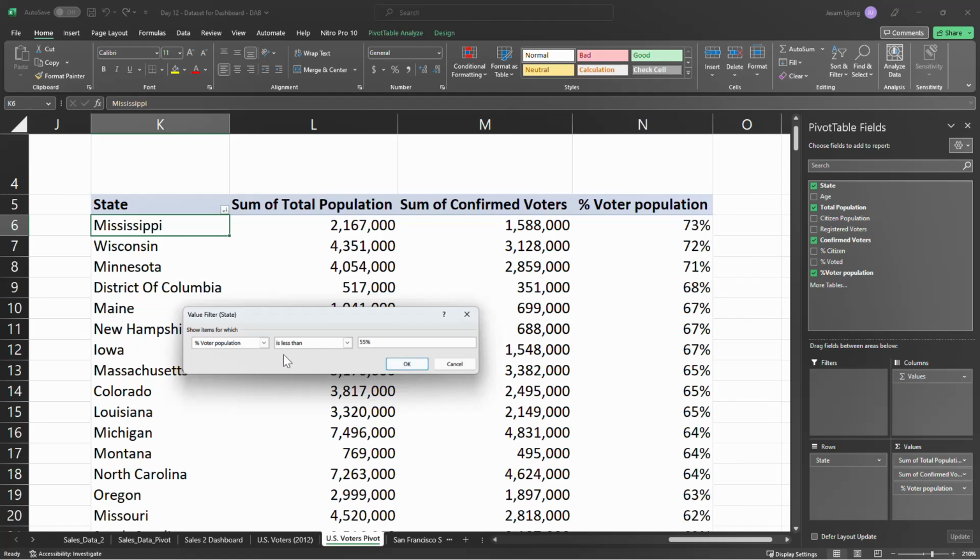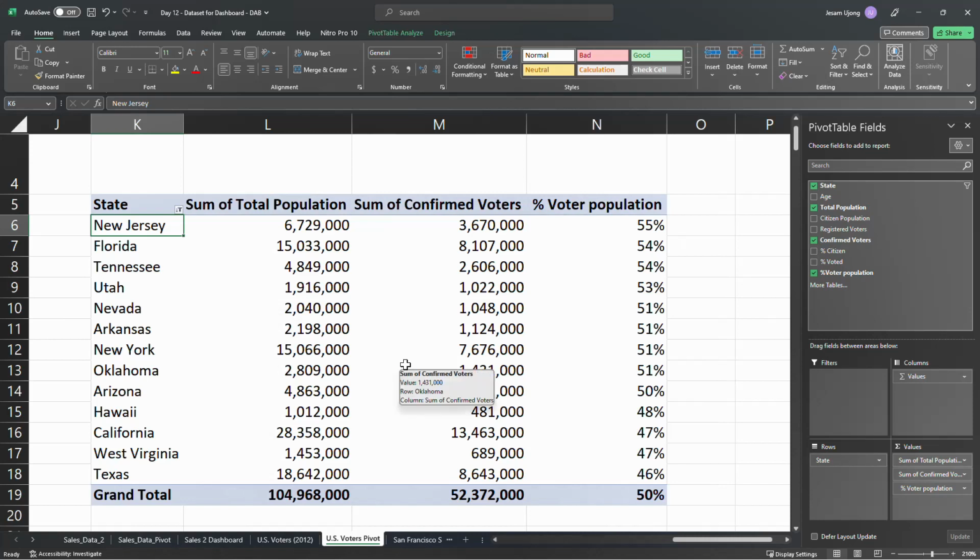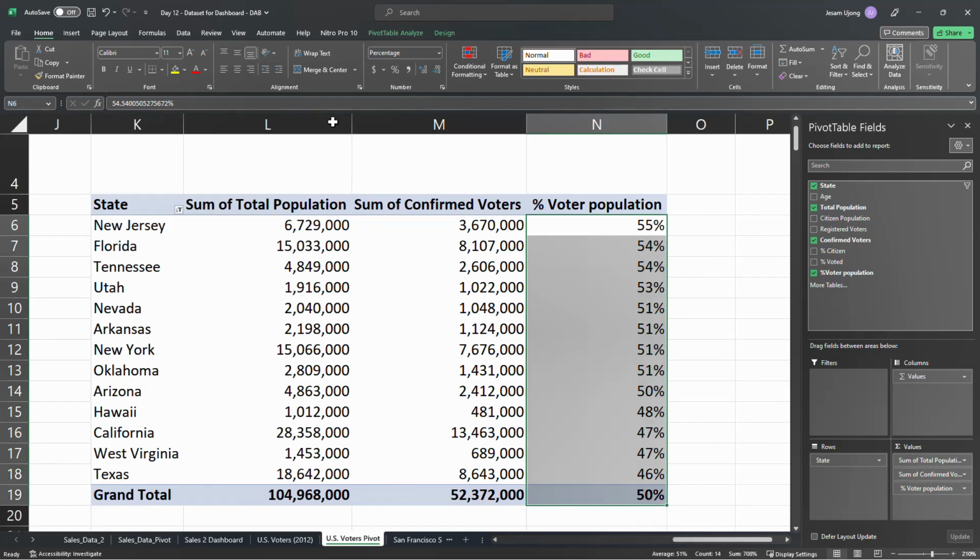And so what I'm basically saying is, filter items for which the percentage voter population, that's this, is less than 55%. That was the assessment. And okay, here we go. So now I wonder why this is showing 55 when it is less than. I'll just add more. Okay, beautiful.